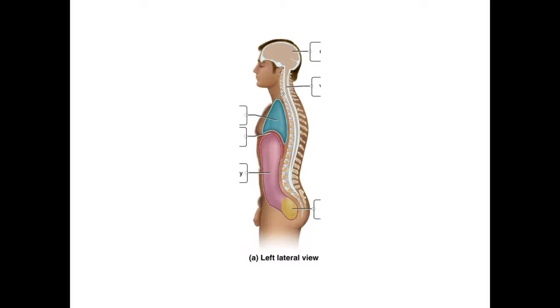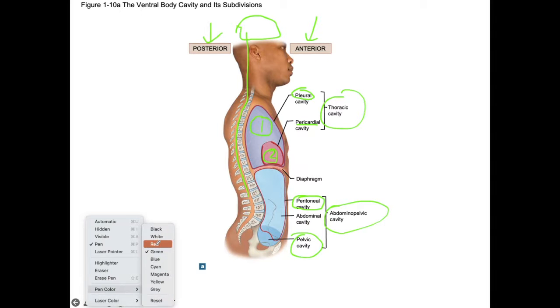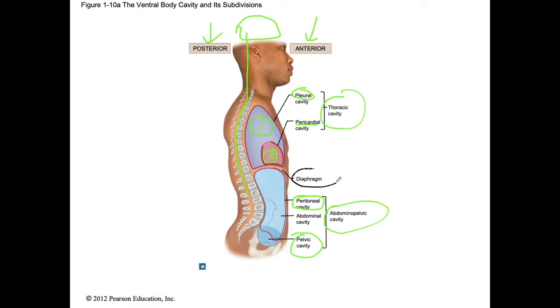Okay, so what do we have? Oh, let me go back here for a second. There's one more thing I wanted to point out, the diaphragm. And the diaphragm is this muscle that separates, right? Here's the diaphragm right there. It's that muscle that separates the thoracic cavity from the abdominal pelvic cavity.